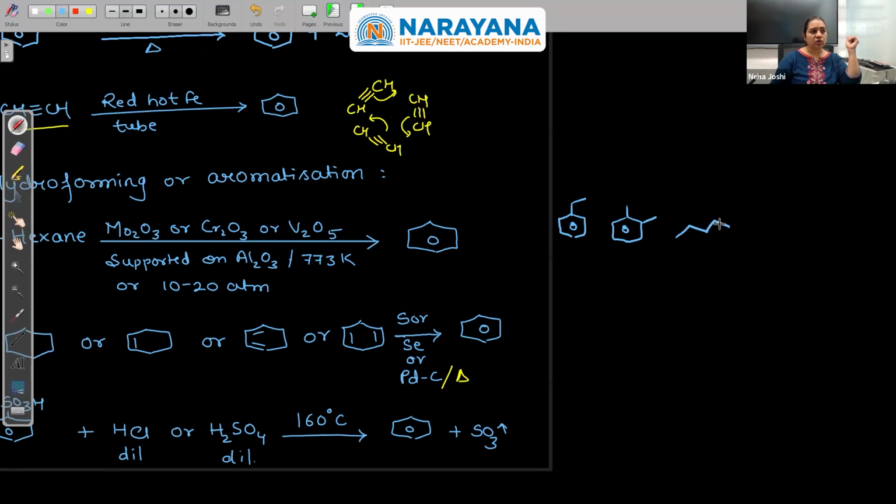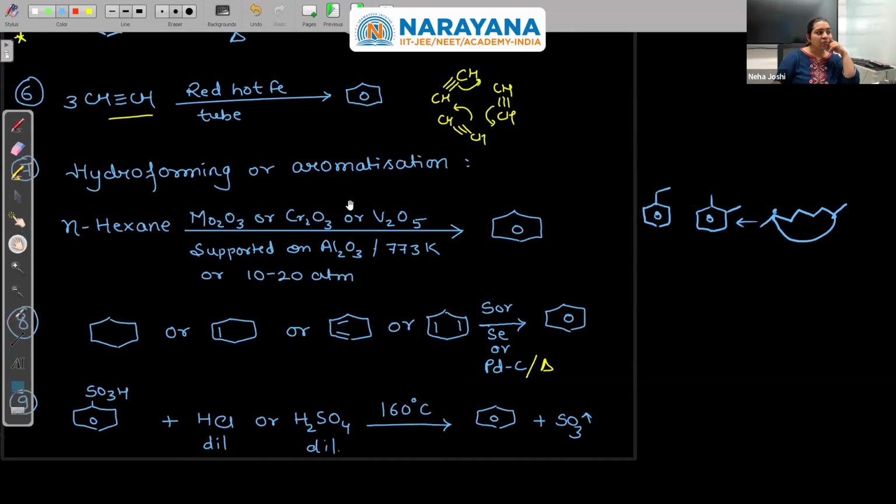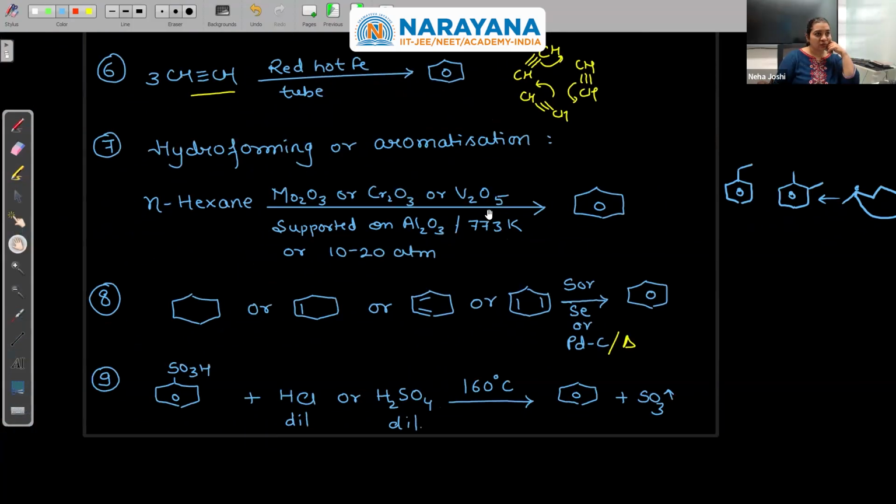You just have to count 3, 4, 5, 6, 7, 8. You just have to make these connections and you will have orthoxylene like this. Okay. But remember the catalyst is Mo2O3, Cr2O3, V2O5. These are supported by alumina.